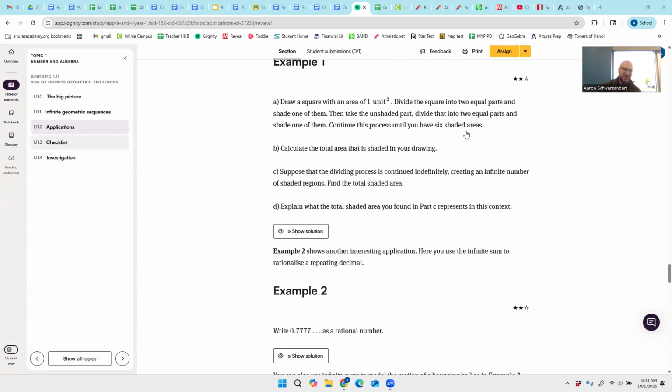Okay, so we've got 1/2 plus 1/4 plus 1/8 plus 1/16 plus 1/32 plus 1/64. And if we add these up, that's 32.